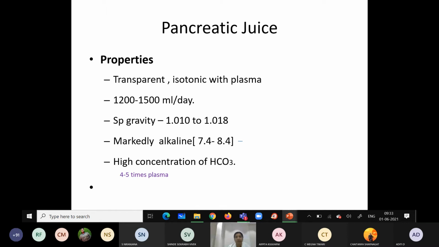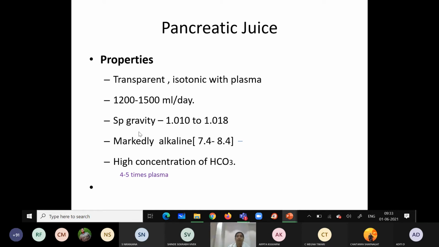Whether you explain gastric juice, saliva, pancreatic juice or intestinal juice, all these secretions must initially contain the properties, which is very important to quote, right? Then you can go for the detailed composition.